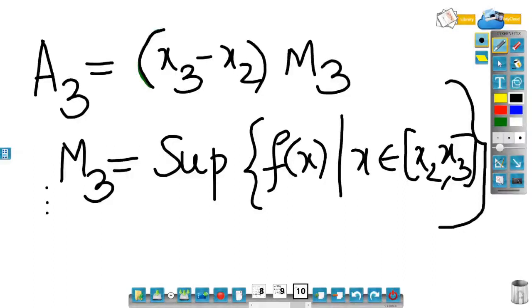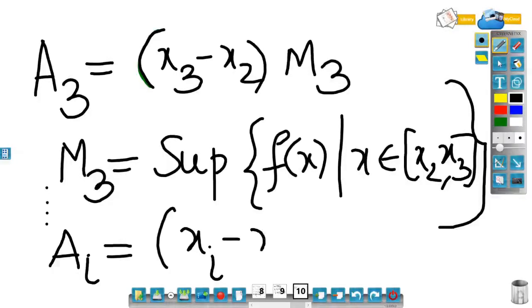Continuing in this fashion, Ai will represent the area of the ith rectangle, which can be written as xi minus xi minus 1, into mi.